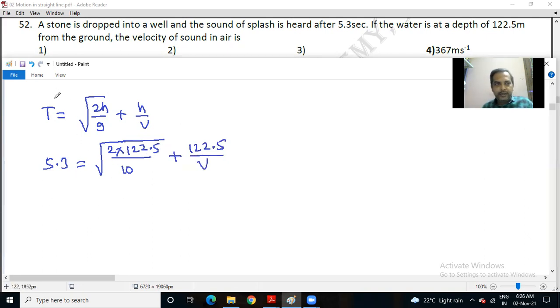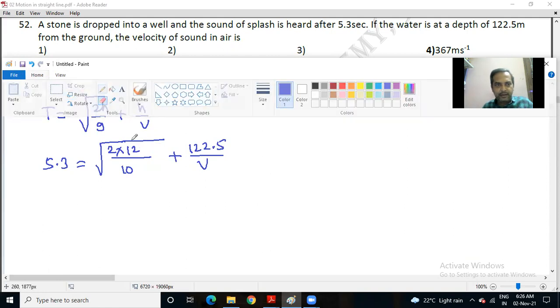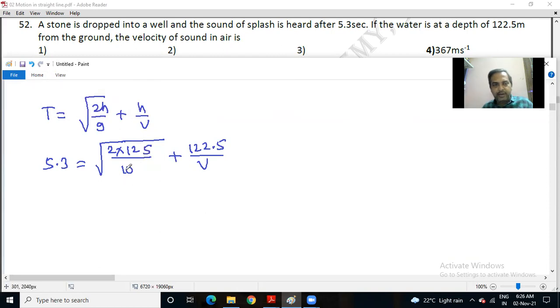Now you can do one thing here. Since you take g as 10, roughly, instead of 122.5 you take it as 125, so that you will get 250 by 10, which is 25. So 5.3 is equal to root of 250 by 10 plus 122.5 by v. Root 25 is 5.